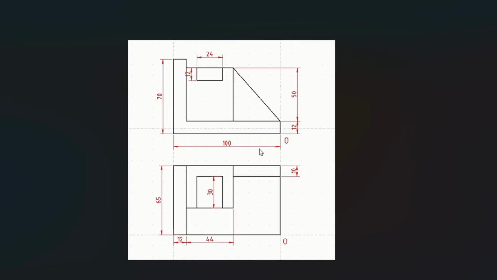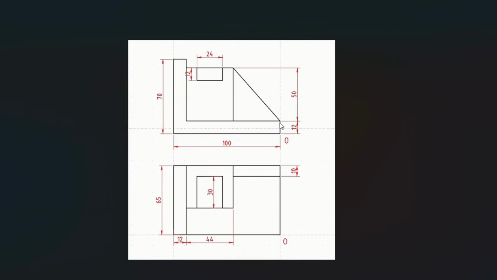So let's construct the base here, 100 mm in length, 65 mm in width, and 12 mm in thickness. This is what we are referring to as the base. There are two planes, 100 mm and 65 mm, separated by 12 mm. Now, in the diagram, this particular face on the right-hand side, in the front view and top view as well, is 65 mm in length and 12 mm in height.